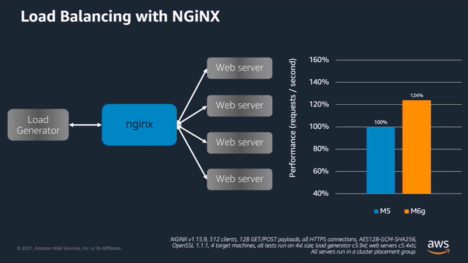In this test configuration, we saw a 24% increase in requests per second with the M6g, delivering more performance at a lower cost than the comparable M5 instance.